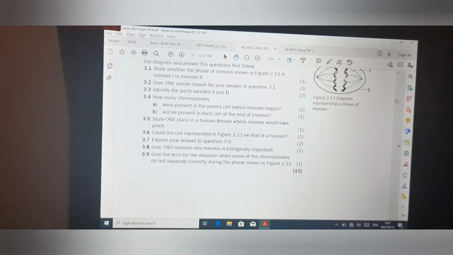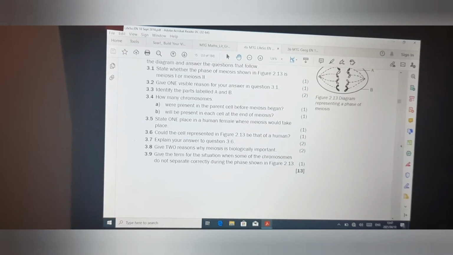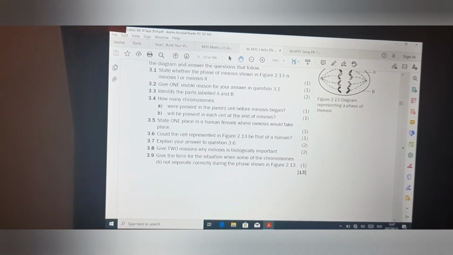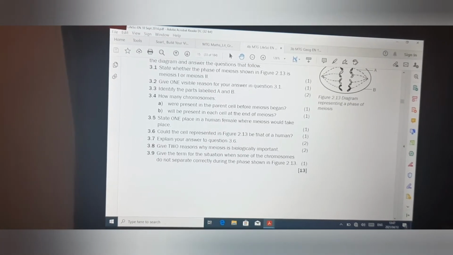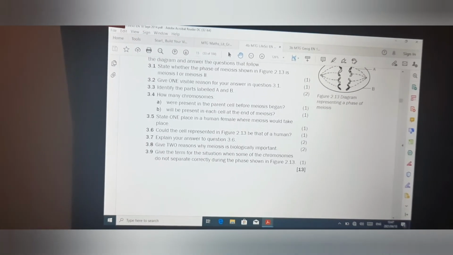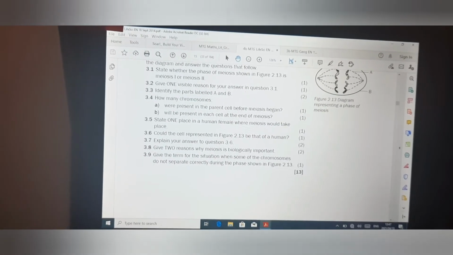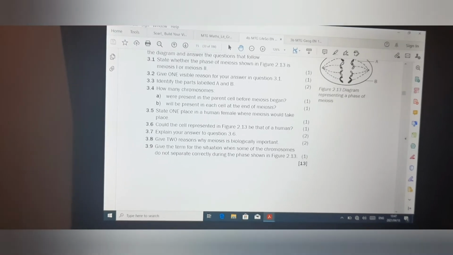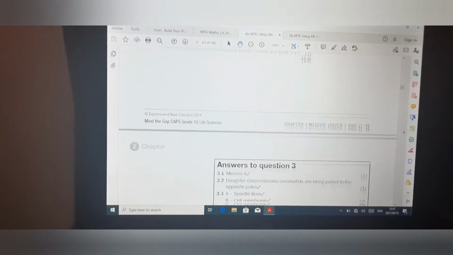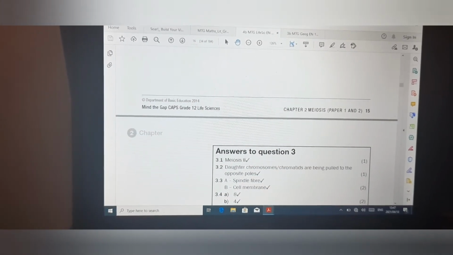Now let's go to 3.4. How many chromosomes were present in the parent cell before meiosis began? And for B, how many chromosomes will be present in each cell at the end of meiosis? Now let's answer those questions. For 3.4, it's 8.